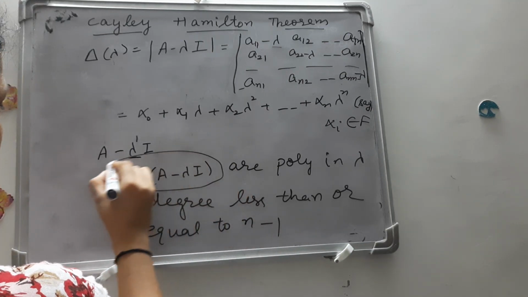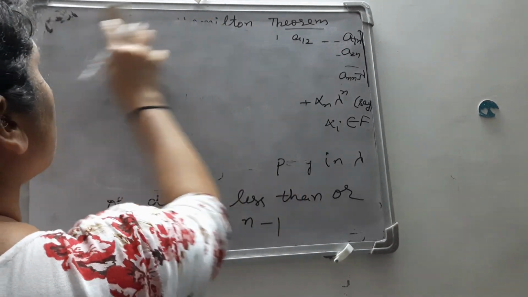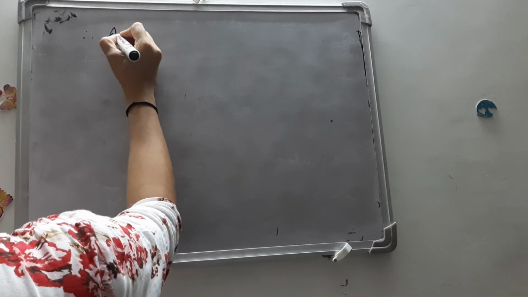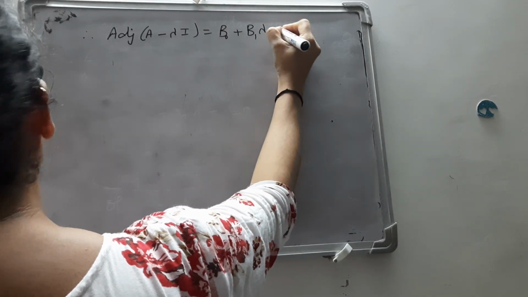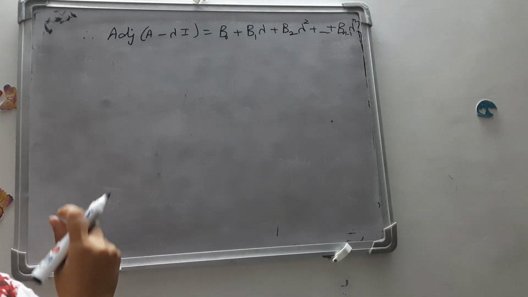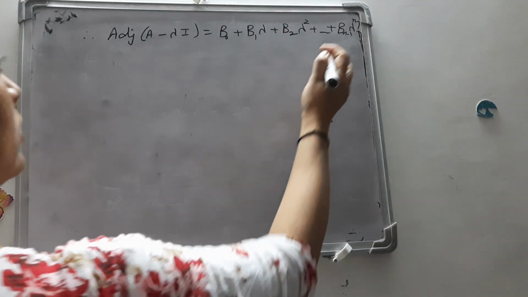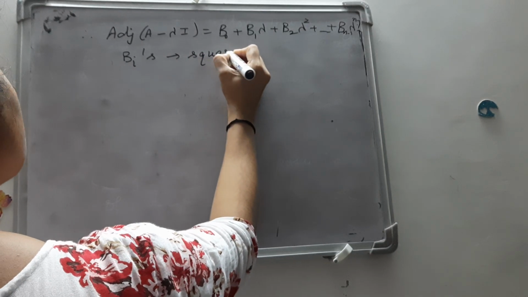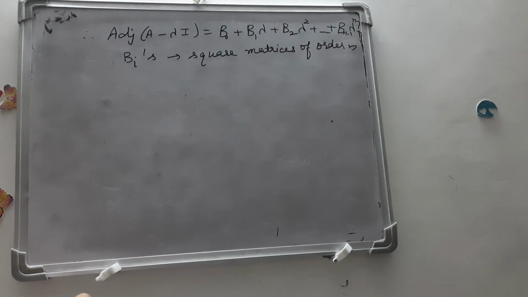Therefore, adjoint of A minus lambda I equals B naught plus B1 lambda plus B2 lambda square up to Bn minus 1 lambda power n minus 1, because we are considering the adjoint of A minus lambda I as a polynomial in lambda of degree less than or equal to n minus 1, where the Bi's are square matrices of order n.